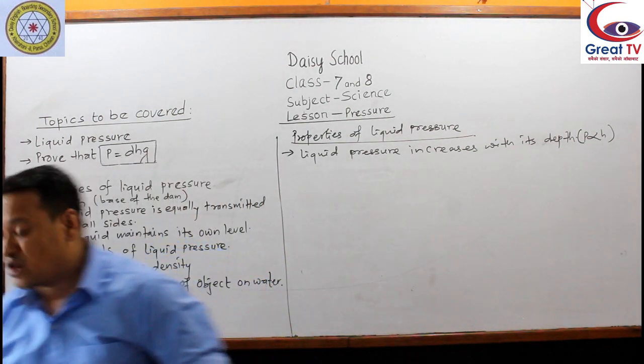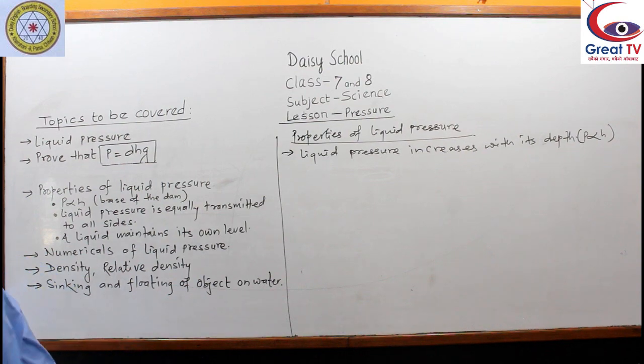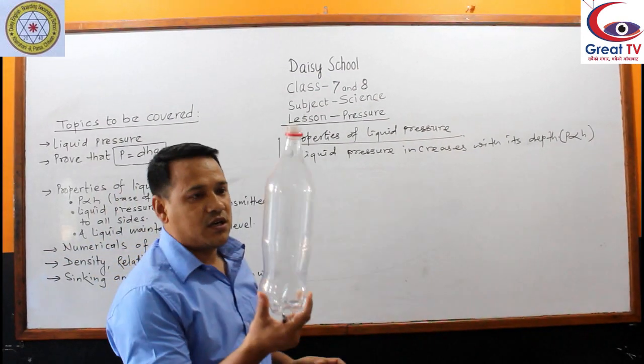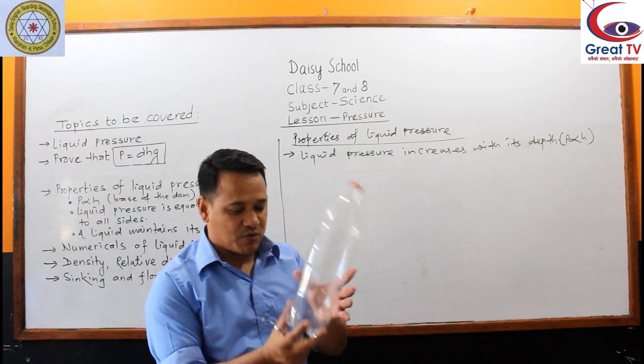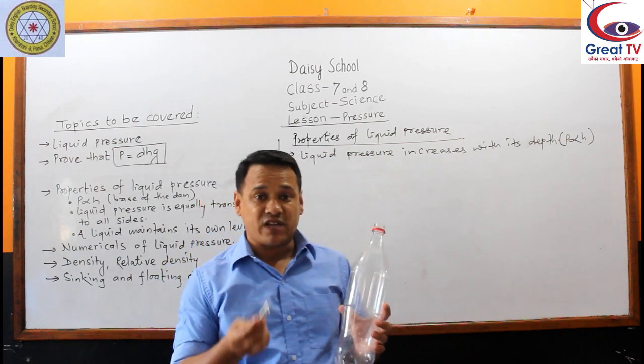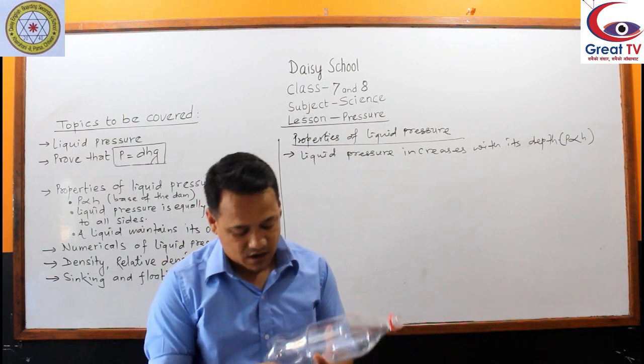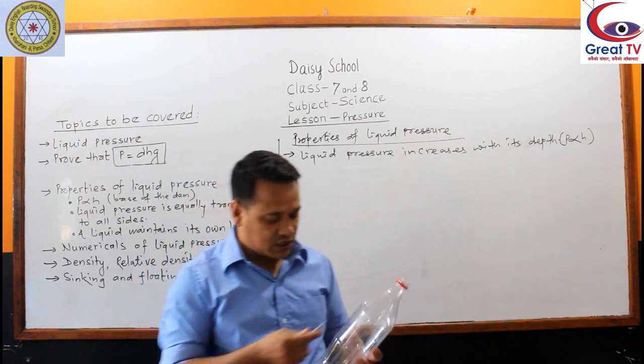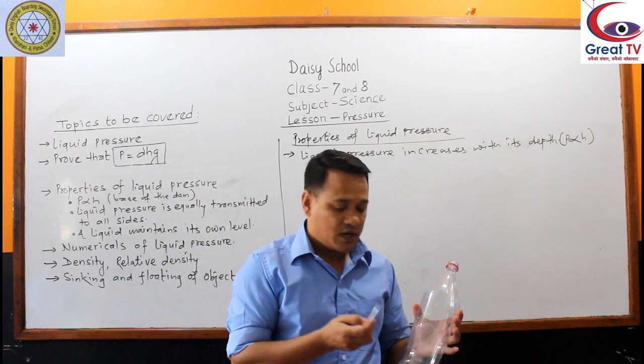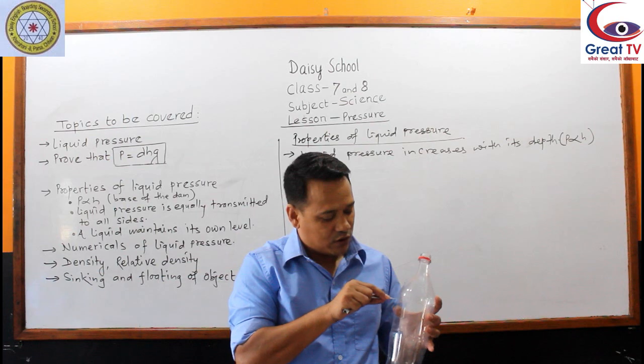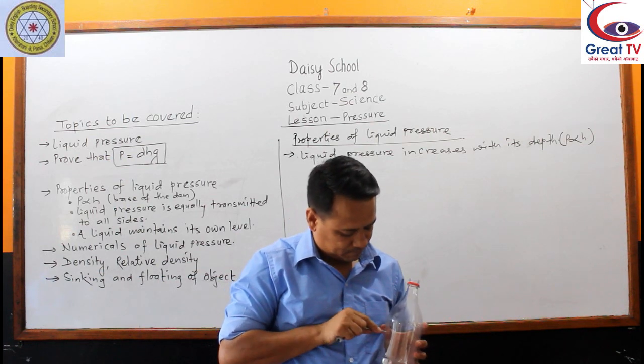So to prove this, we can do one activity, one experiment. Here is a plastic bottle. For this purpose, we have to make holes at three different heights from the base of the bottle. Let's make them with the help of a compass needle.